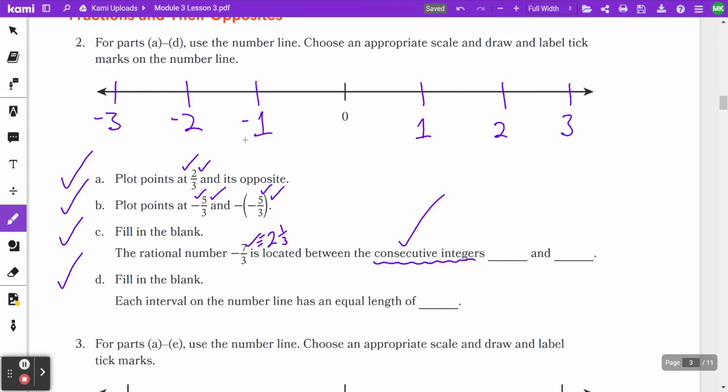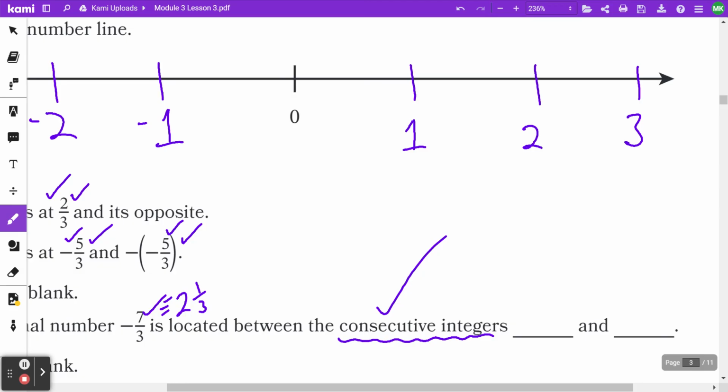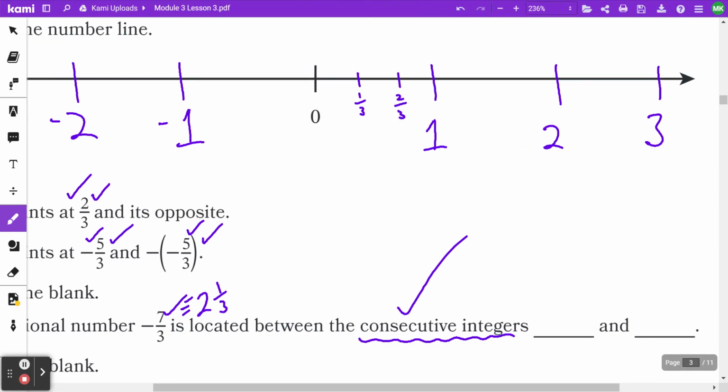Okay, so let's see. Plot points at 2/3 and the opposites. Well, if I want thirds, let me zoom in here. That's between a 0 and a 1, right? So I'm just going to put in a couple of smaller hash marks to show thirds, right? Here's 1/3, here's 2/3.